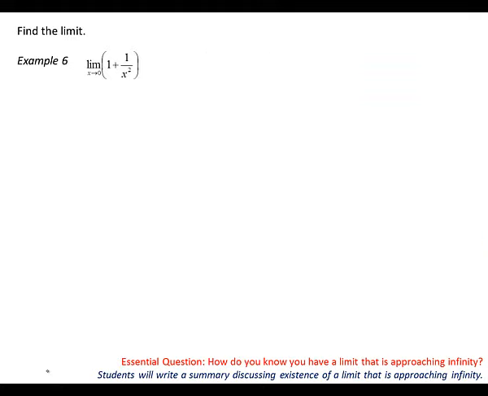Alright, so let's take a look at these last 3 examples. So, I've got the limit as x approaches 0. I'm going to split that up into 2 separate functions. So I've got the limit as x approaches 0 of 1 plus the limit as x approaches 0 of 1 over x squared.